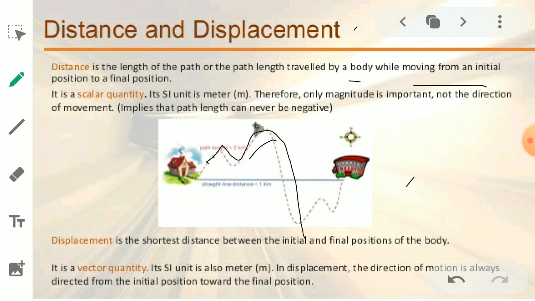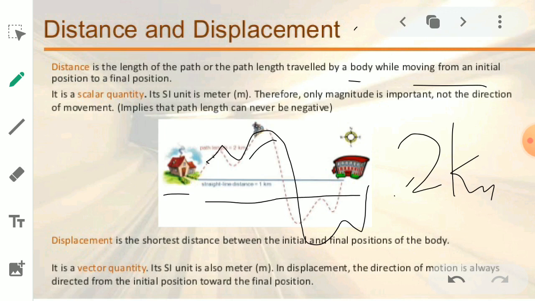This path he follows, and the total distance covered is 2 kilometers. But the shortest path from the house to the school is the straight path, the very shortest distance between the house and the school. And the straight path also defines in which direction it is moving, so it defines the displacement. So displacement is the shortest distance between the initial and the final position of the body.